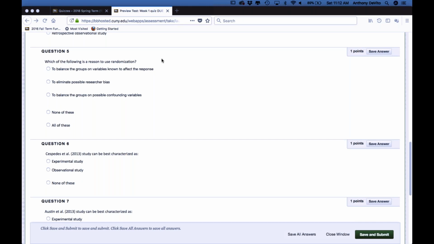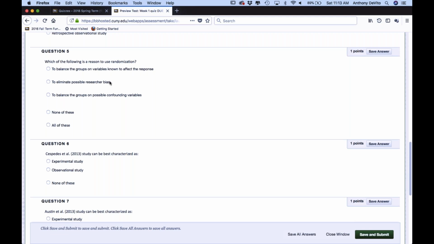So, in other words, if we're studying if asbestos causes lung cancer, well, we know there's other factors that cause lung cancer as well, maybe genetic, maybe smoking, and so on and so forth. So we don't want to accidentally get into a situation where we wind up sampling too many smokers in one group versus another group that we're comparing it to. So randomization is an important part of putting a study together, to balance the groups on variables known to affect the response, again, smoking, for instance.